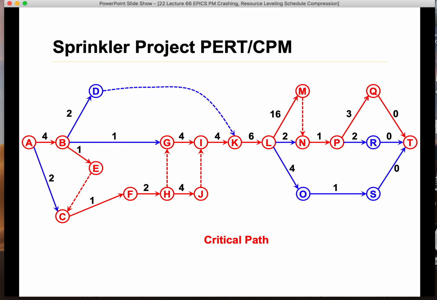And when I draw this, I get this network diagram, starting from A going to T. So here are the activity durations, and here is the critical path. Actually, this is the same slide that I showed you a minute ago.